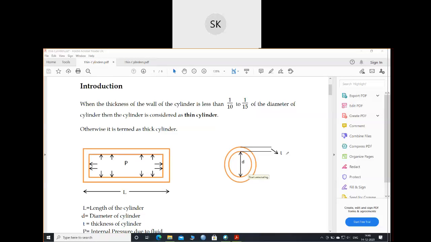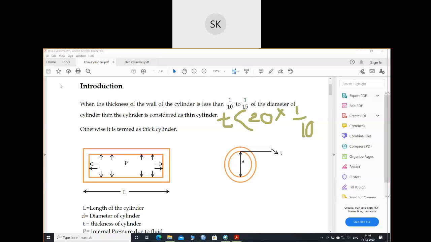So if your diameter is 20, then T should be less than 1/10th or 1/15th of the diameter of the cylinder. If your thickness is that much less than this value, your cylinder will be considered a thin cylinder.